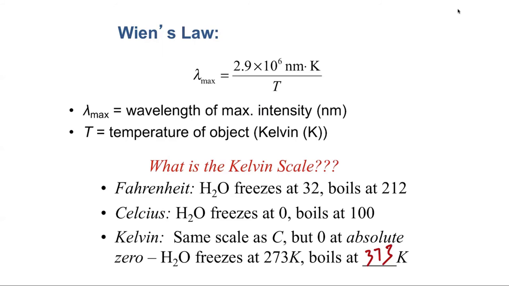So this sets up the difference between the Kelvin scale and the Celsius scale. It's simply offset by 273 degrees. So absolute zero on the Celsius scale would be negative 273 degrees Celsius.